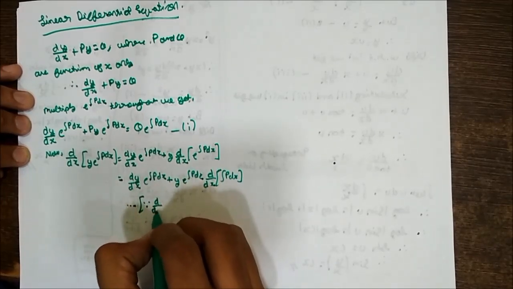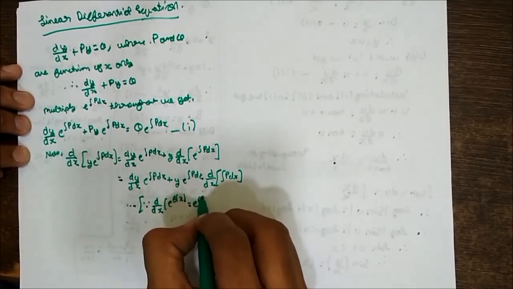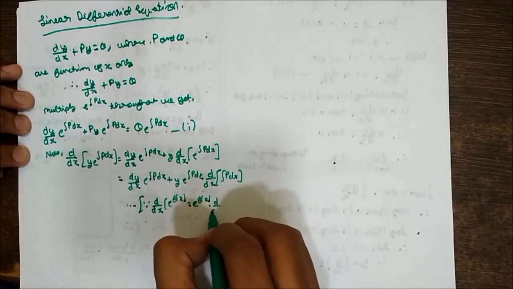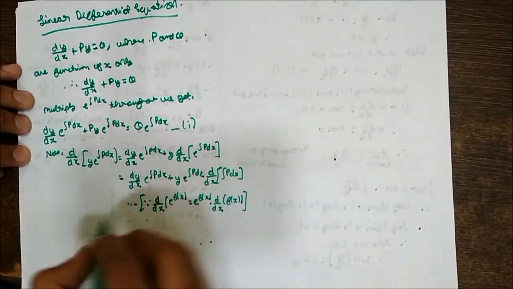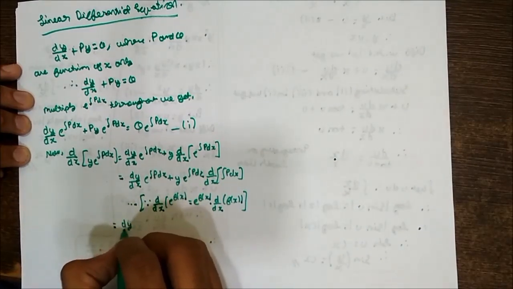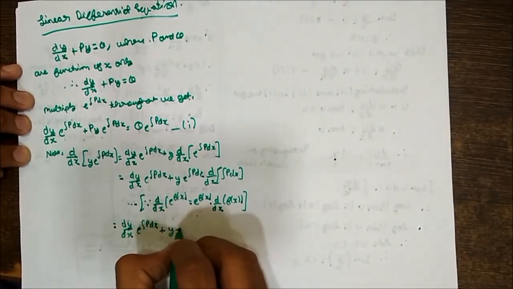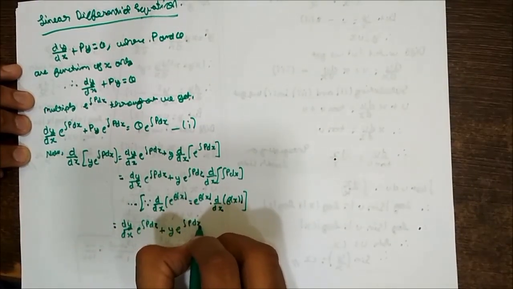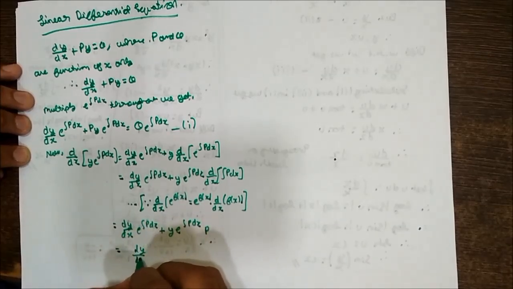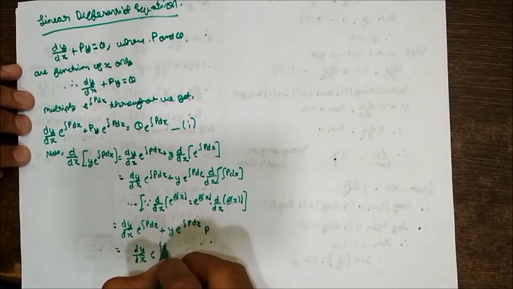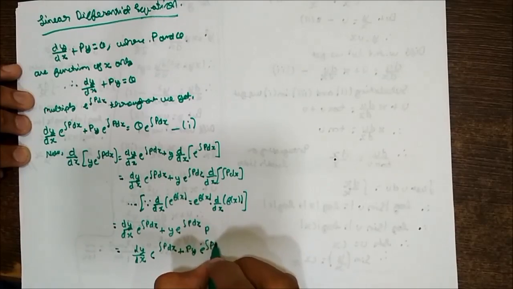Therefore d by dx e raised to f of x is equal to e raised to f of x dot d by dx f of x, which is equal to dy by dx e raised to integration of p dx plus py e raised to integration of p dx.